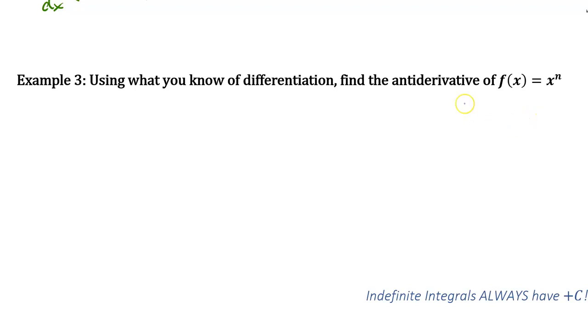So if we're going backwards, instead of multiplying, we're going to have to divide, and instead of going down a power, we're going to have to go up a power. And you'll always have this dx every time.